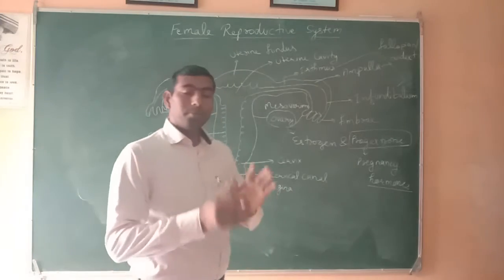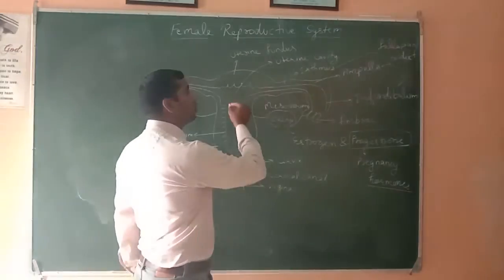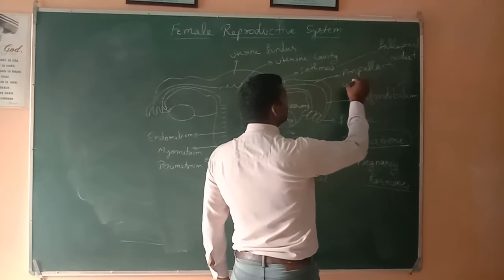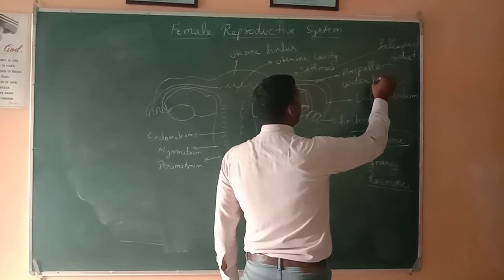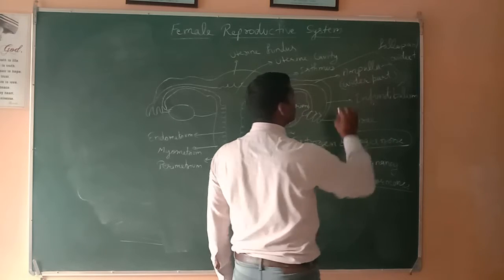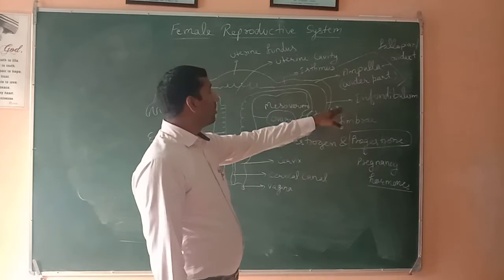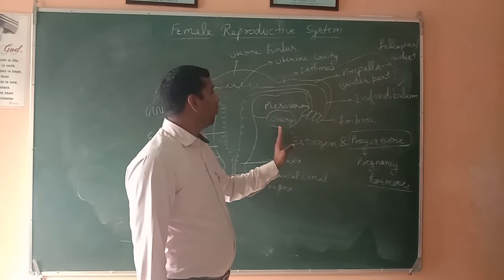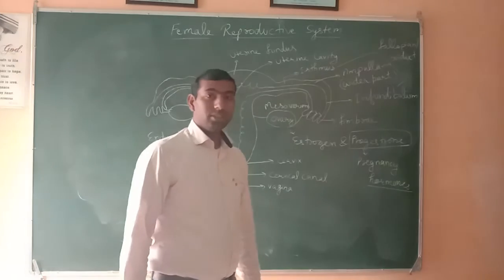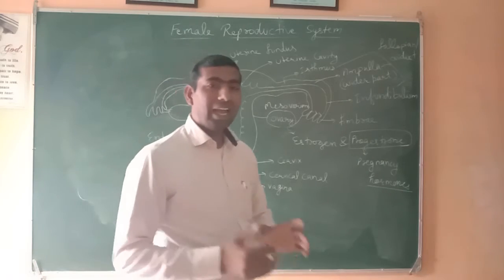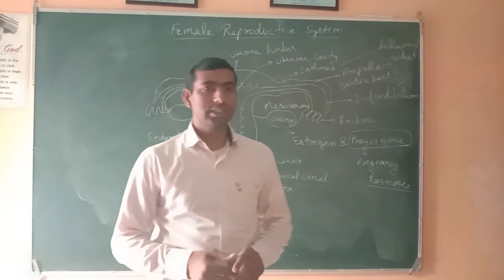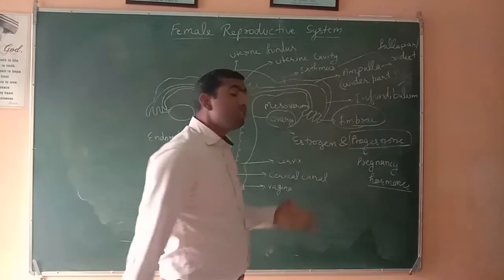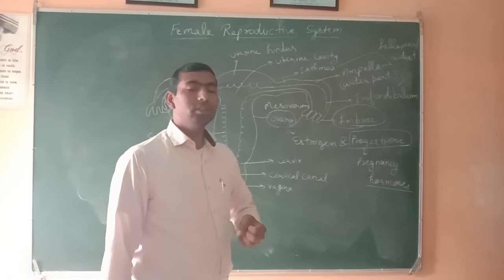Isthmus is present near the uterus and the ampulla is the wider part of the fallopian tube. And the part of the fallopian tube nearby the ovary is the infundibulum. Infundibulum ends with the finger-like projections called fimbriae. And these finger-like projections receive the ovum during ovulation.